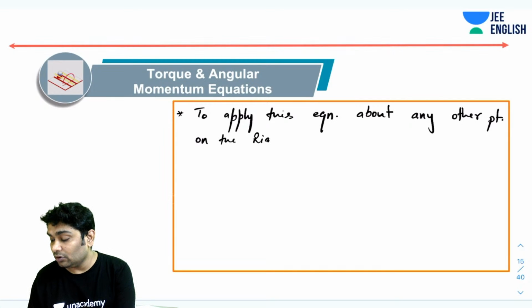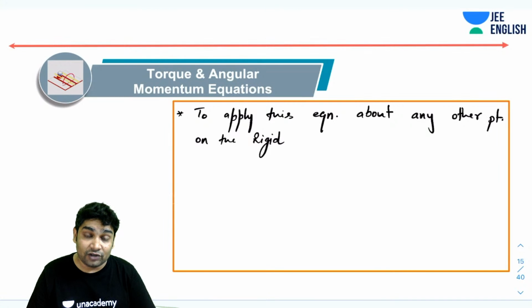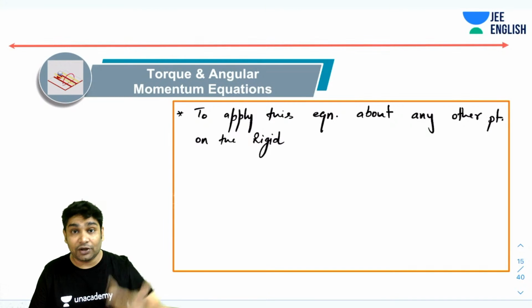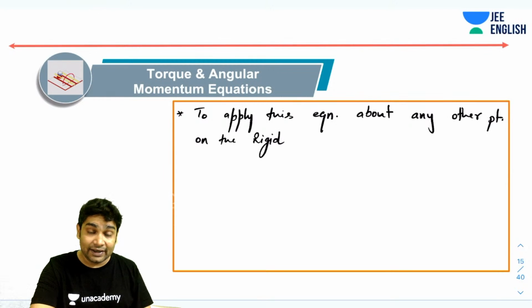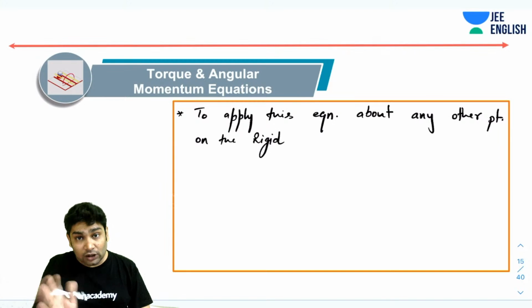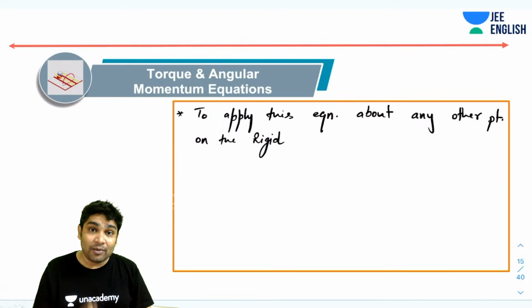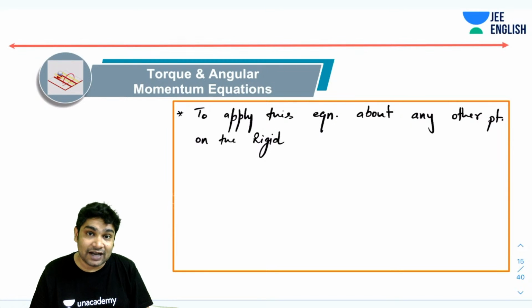So you know that I have already told you that the equation tau equals I alpha works only for pure rotation. Otherwise, what you need to do is you will apply the equation tau equals dL by dt, and I hope you remember how to write dL. However, if you're taking a point which lies on the rigid body, then in the reference frame of that point, obviously the entire body will perform pure rotation. We have already discussed that.